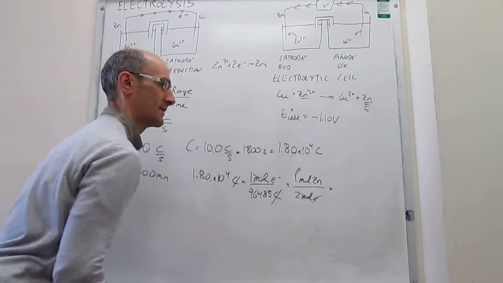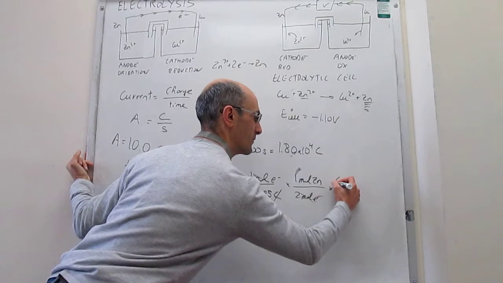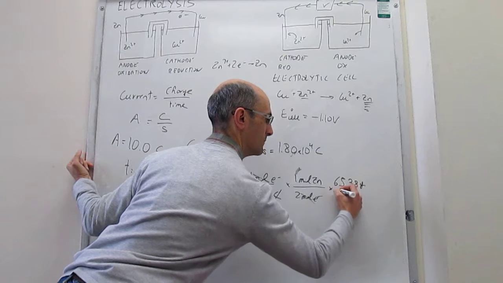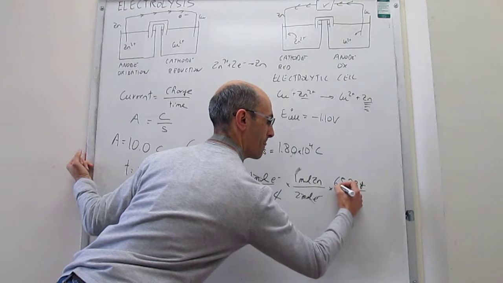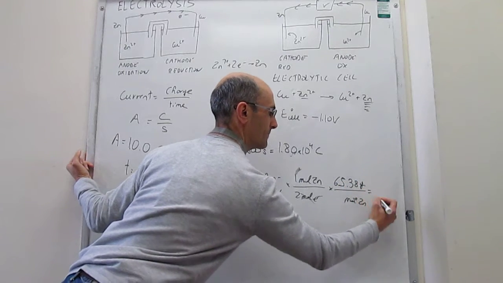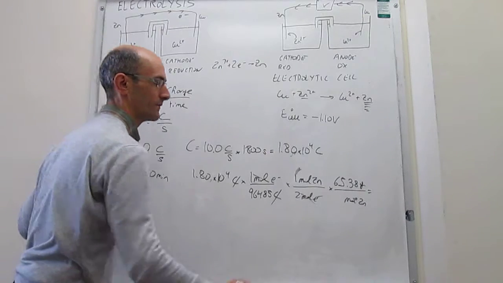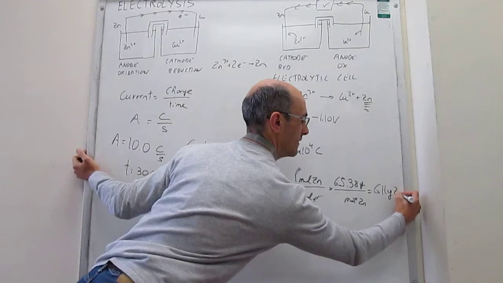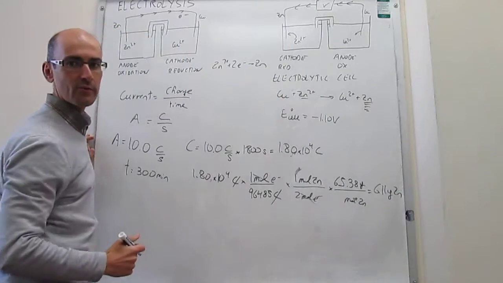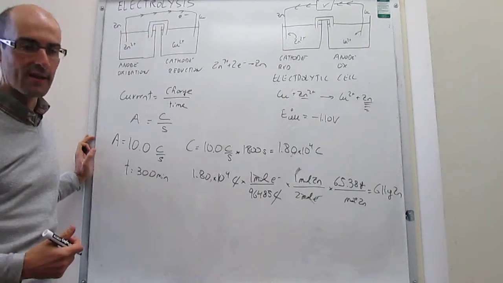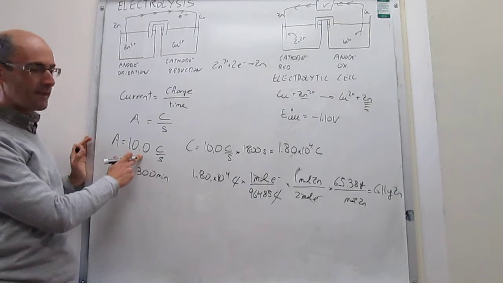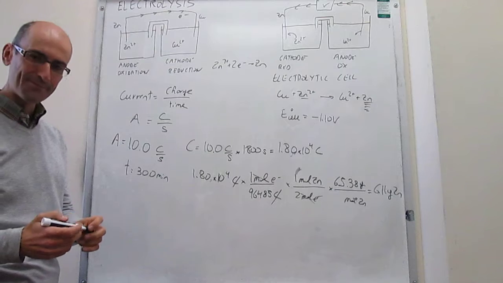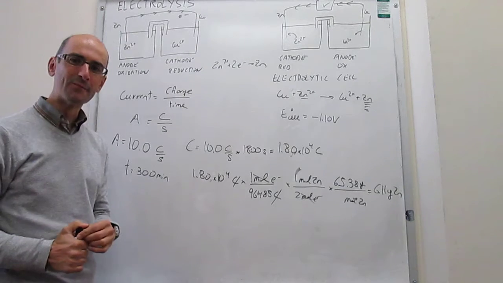Okay, so the molar mass of zinc is 65.38 grams per mole. Okay, so when you do all of those calculations, you find out that the mass of zinc that you have plated onto that electrode in this electrolytic cell when you pass a current of 10 amperes over 30 minutes is 6.11 grams. Okay?